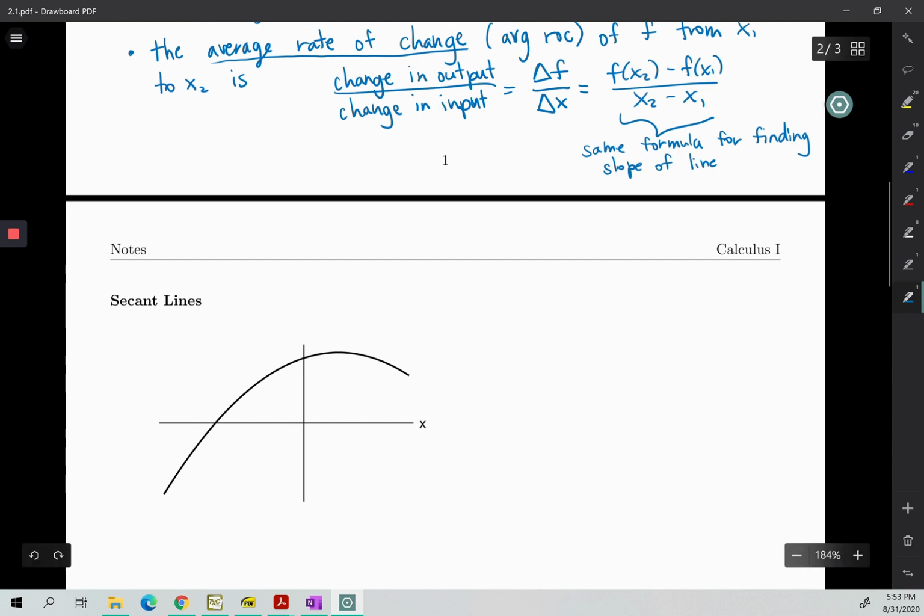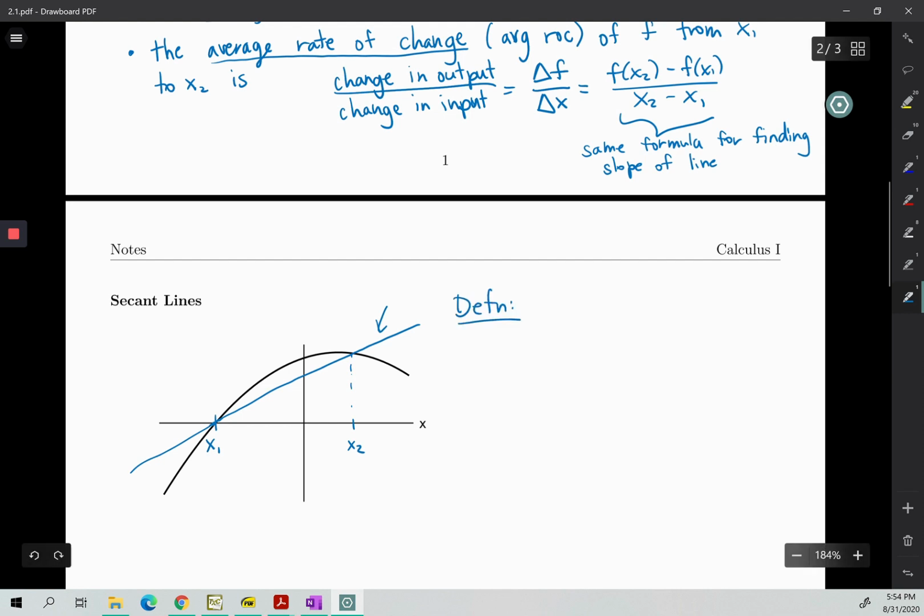If here was your x1 and here was your x2, and you were computing the average rate of change of your function over that interval, what you would be computing would be the slope of this line right here that I drew. Notice that it goes through the graph at the point x1 and also at x2. So this is what we call a secant line.